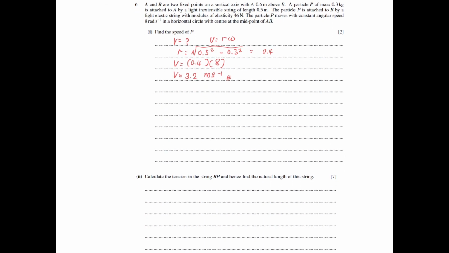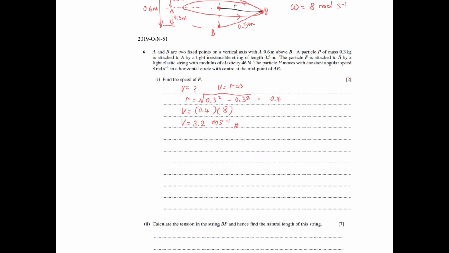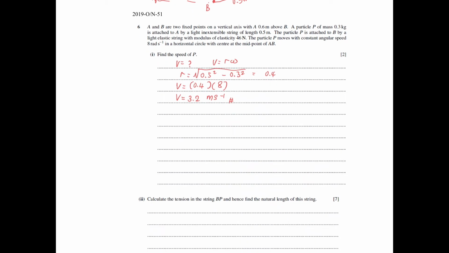Now calculate the tension in the string BP. Look at the diagram again. BP is an elastic string, so we need to find the tension. Of course, you have to use the formula already, and hence find the natural length of this string.